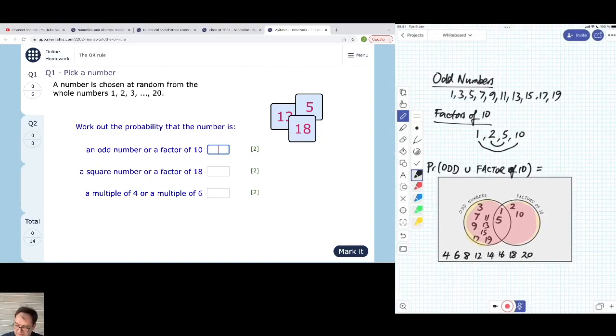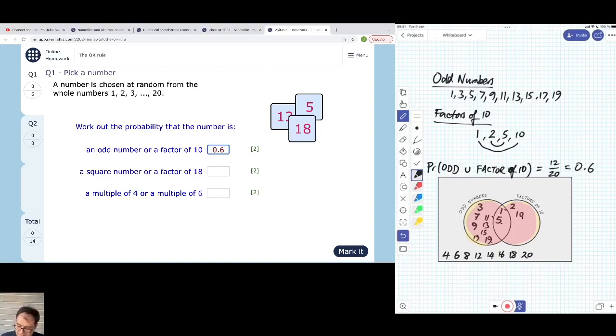And how many did I say there were? 1, 2, 3, 4, 5, 6, 7, 8, 9, 10, 11, 12 of those out of 20. So the probability is 12/20ths, and 12 divided by 20 is 0.6. So we're looking for 0.6 to go in there.